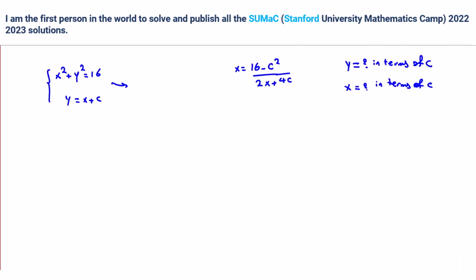Can you give me a hint? Okay, sure. You should only substitute. For example, here y is x plus c, so x squared plus (x plus c) squared equals what? Equals 16. Exactly. So it's a quadratic equation in terms of x. Apply the quadratic formula to this and find x. Understand? Okay, try.